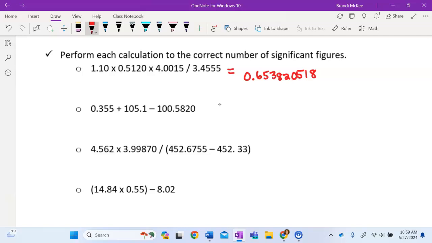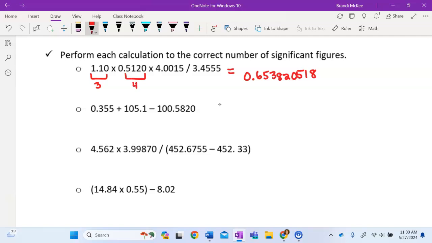So when we have multiplication and division, we look at the total number of significant figures in the numbers in our problem. So 1.10, that zero is at the end after a decimal, so it counts. So that's 3. 0.5120, the zero before the decimal is a placeholder.